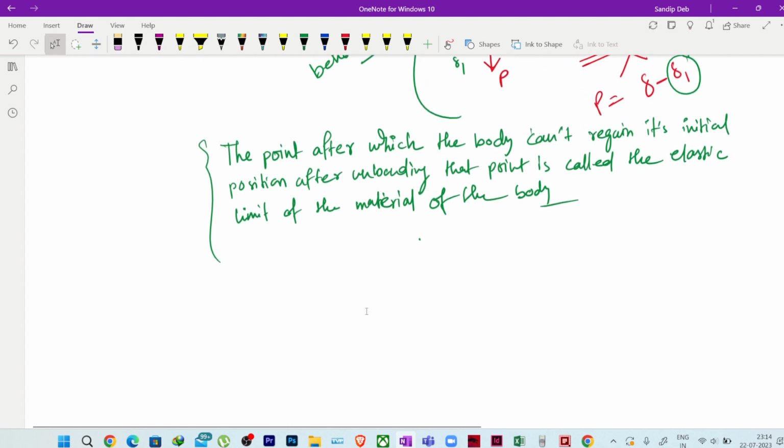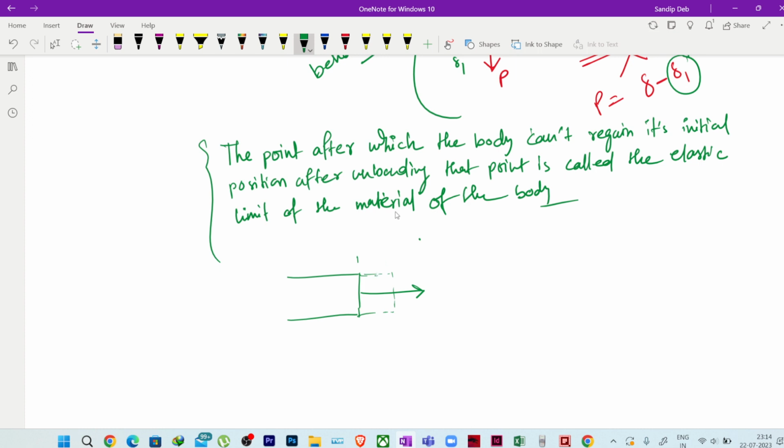Fine. So what is being observed is that due to the applied force, some elongation is happening. If it is up to its elastic limit, then it will regain its position. If not, it will not regain its actual position.